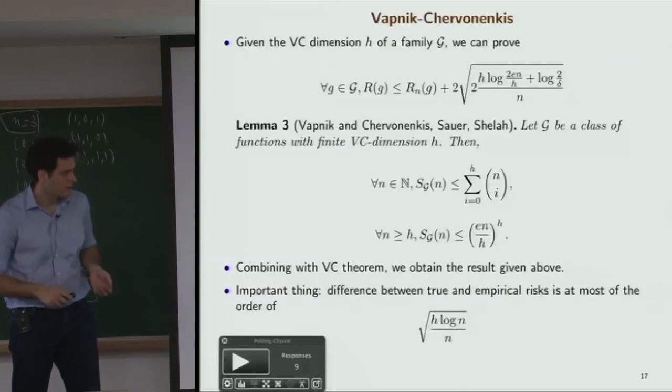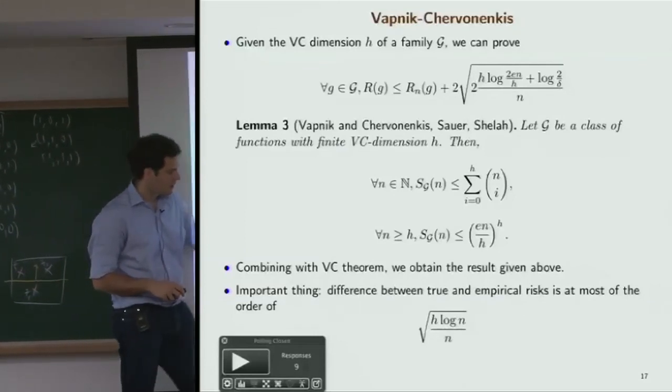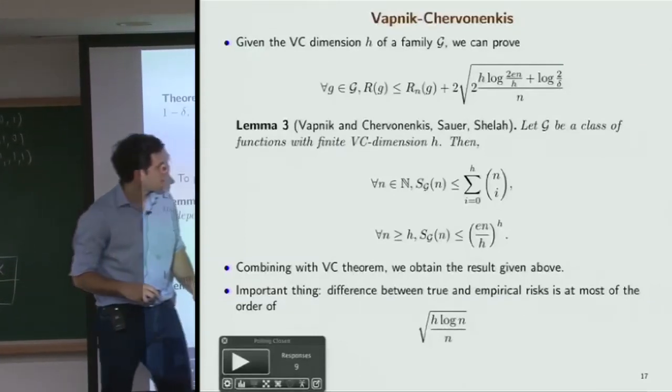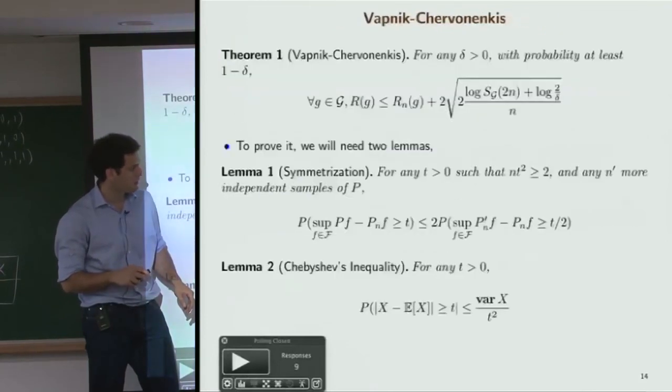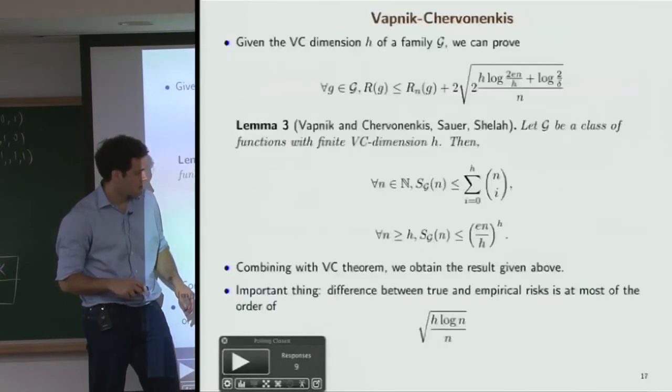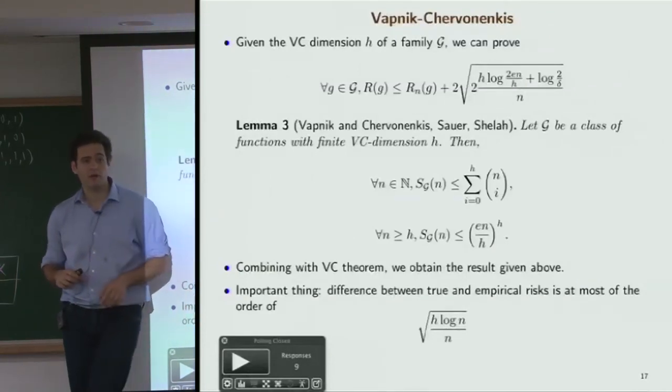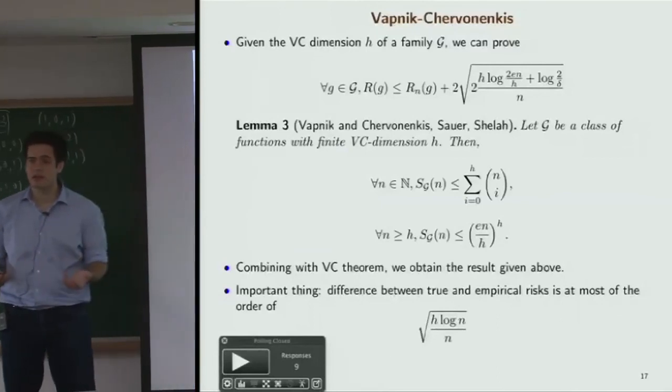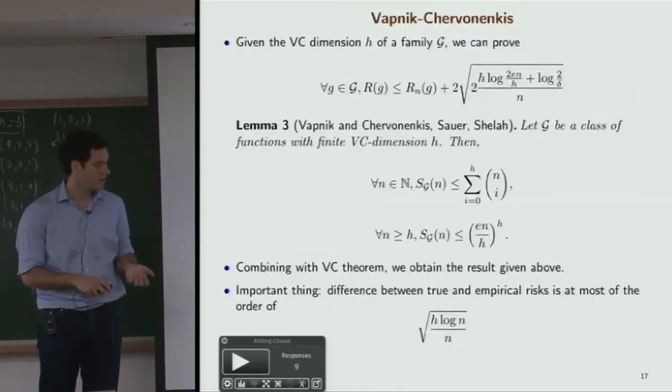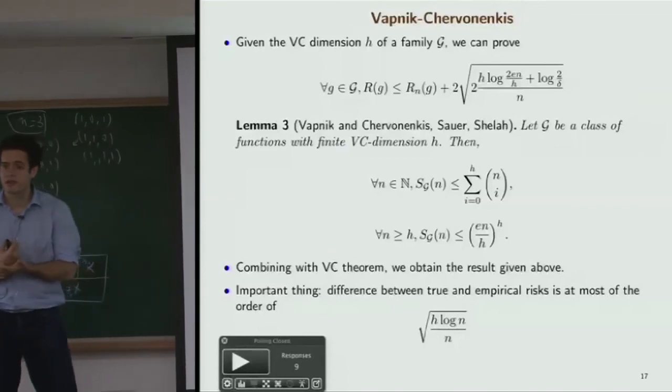Okay? So if you just substitute into the growth function S_G of 2n this bound here, so you put 2n here, and you just put it in the log here, well, you get exactly the bound that we had before, except that now it depends explicitly on the VC dimension. Okay?